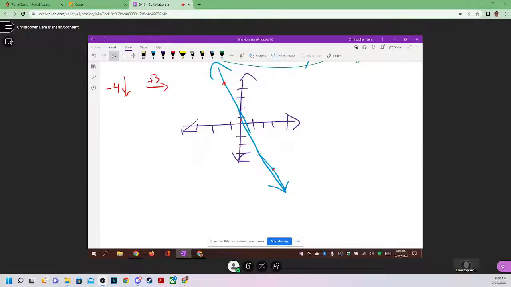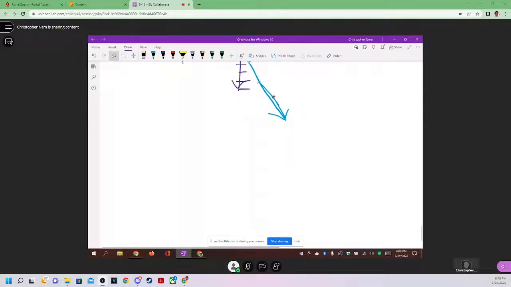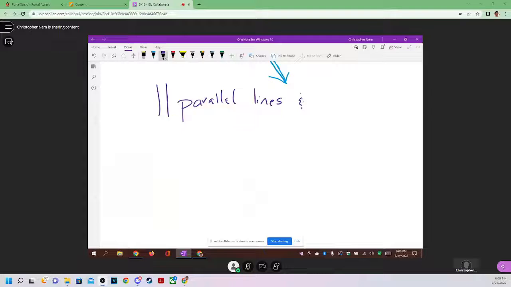The final thing I want to talk about is the idea of parallel lines. And so this is the symbol for parallel and perpendicular lines. Parallel lines and perpendicular lines.